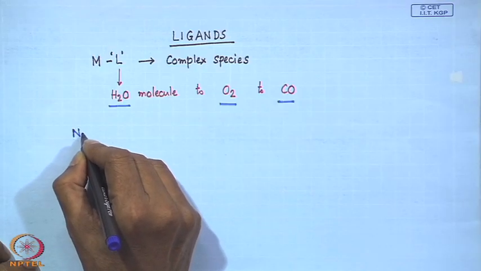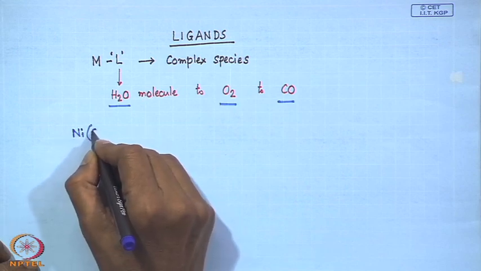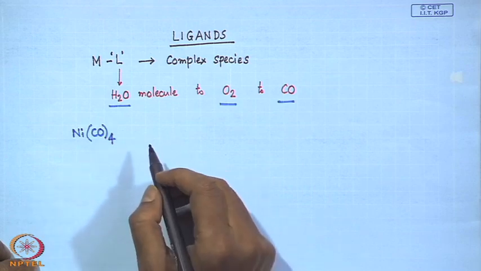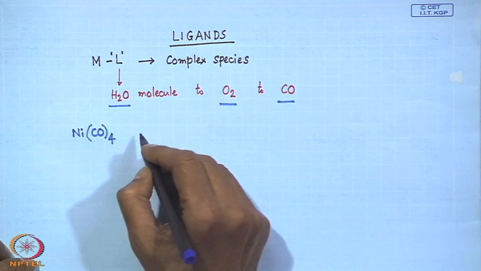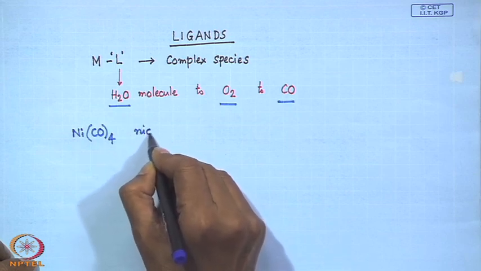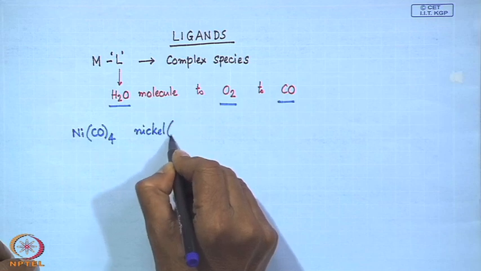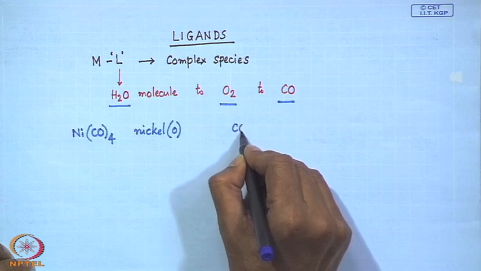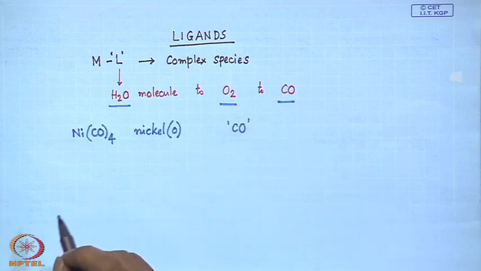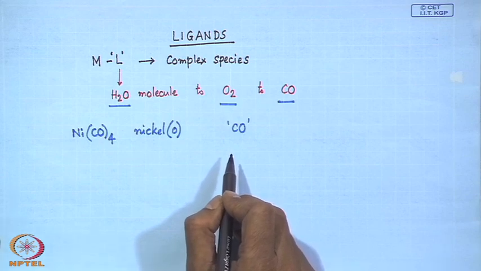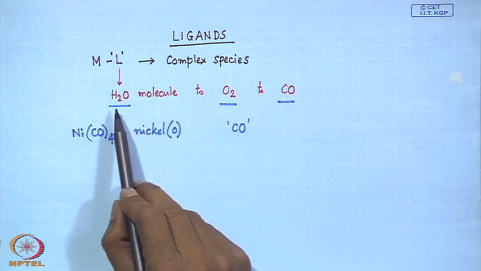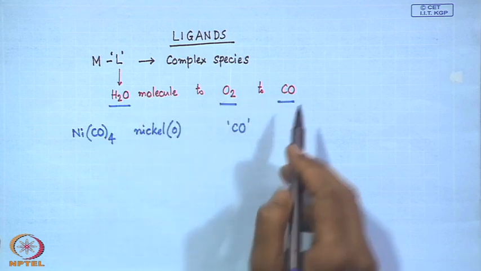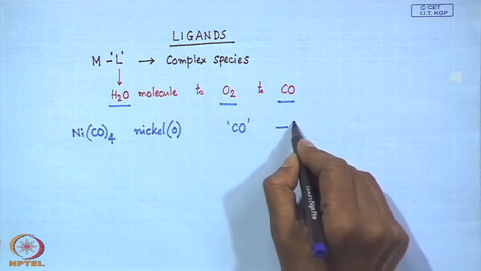What we know is the tetracarbonyl nickel species, where nickel is in 0 oxidation state, and this carbon monoxide gas can function as a good monodentate ligand. So, starting from water to dioxygen to carbon monoxide, all of them can function as monodentate ligands.